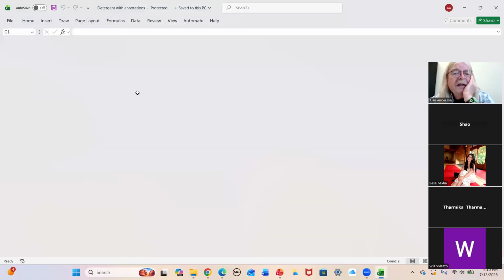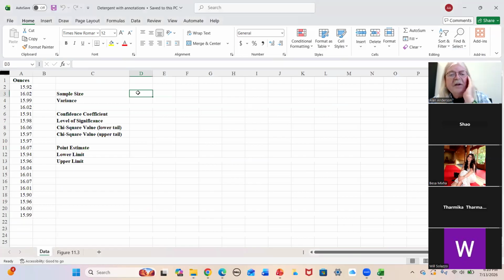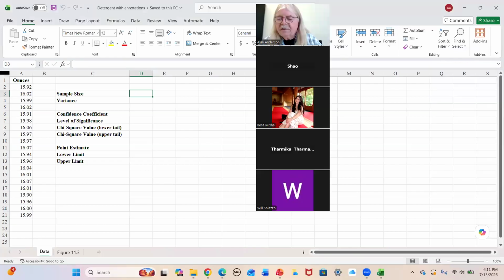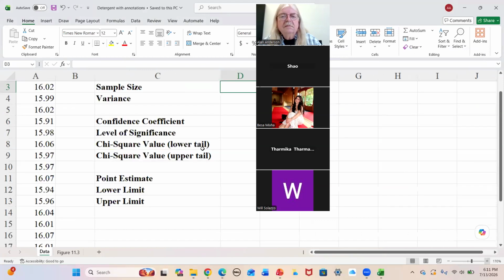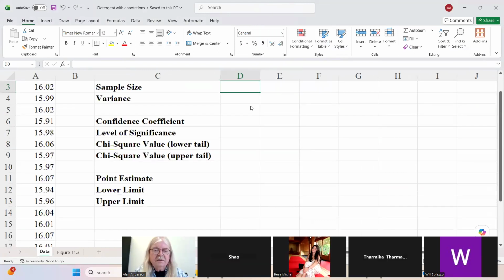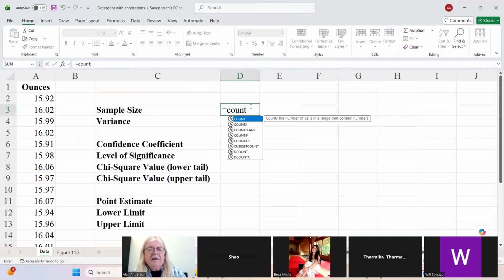So we really don't even need to look in the slides when you think about it, but they do have to tell us what level of significance they're after. For the sample size, you're going to ask for count. Count is the command we use for numerical values, and you just tell it where they're found.